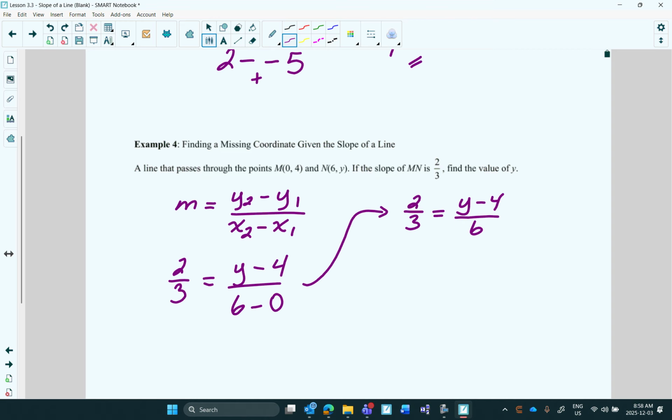Now what do I do? Well, this is an equation, and it's got fractions in it. How do we get rid of the fractions? Yeah, and what would we multiply both sides by? 6, the lowest common denominator. Good.